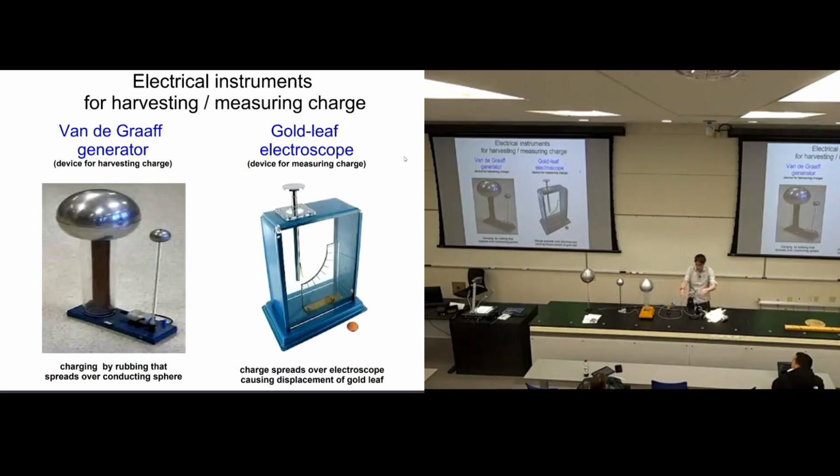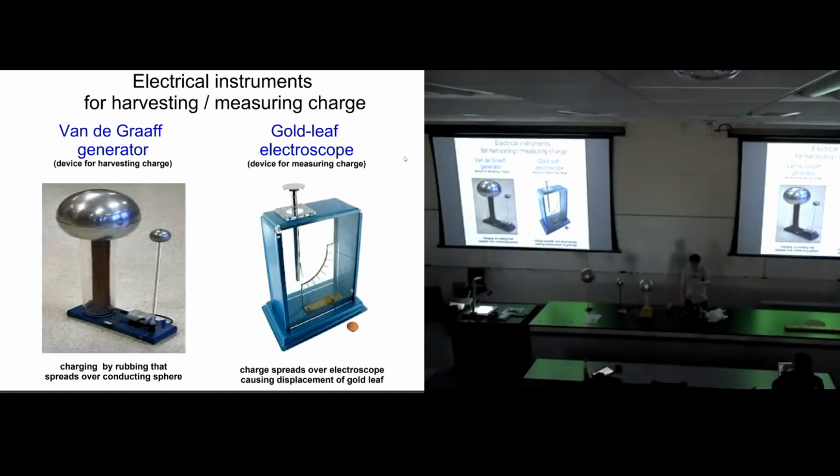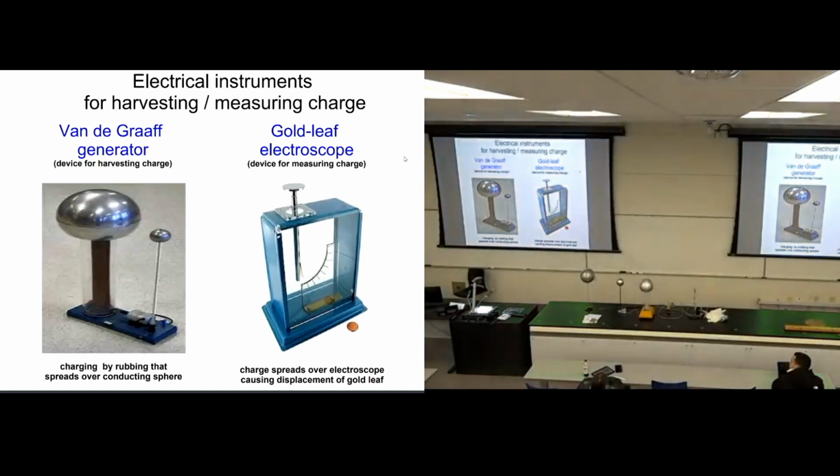The way the electroscope measures charge is, this is a conductor up here. I'm going to deposit some charge on the conductor. That charge is going to spread out across this vertical arm of the electroscope.